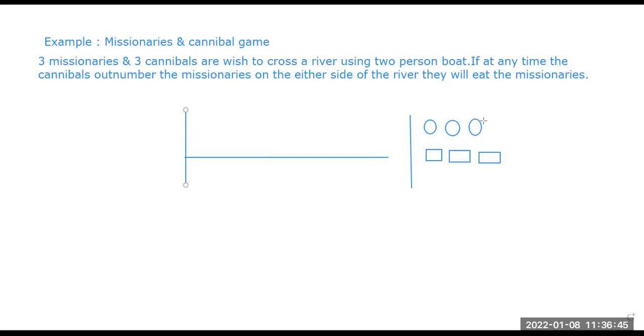At each and every time, the number of cannibals and the number of missionaries needs to be the same. Suppose these are my cannibals, C for cannibals, and M for missionaries. If at any time the number of cannibals is greater than the number of missionaries, then the missionaries will be eaten by the cannibals. So the task will fail.